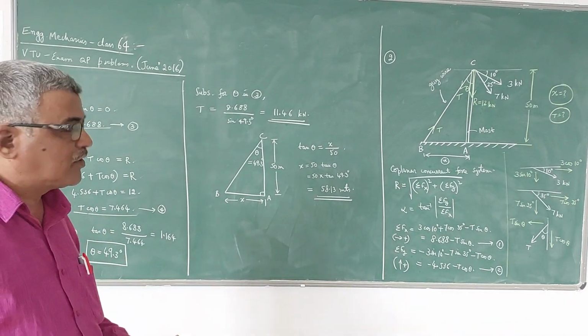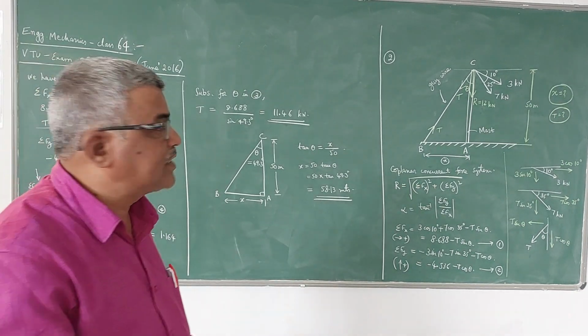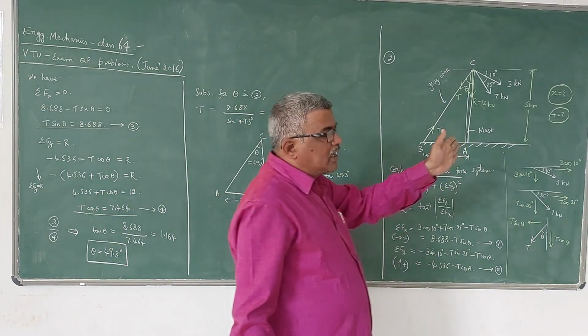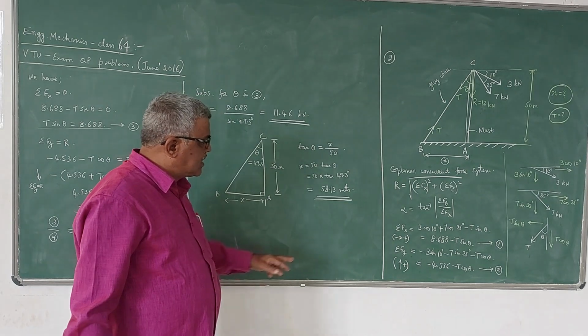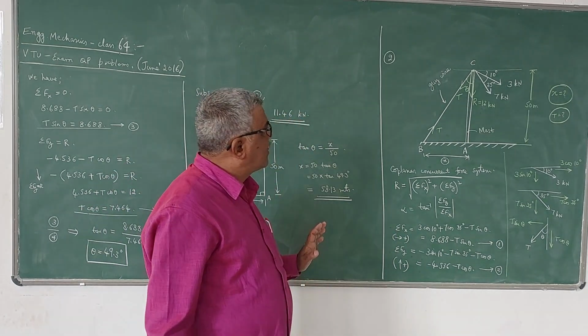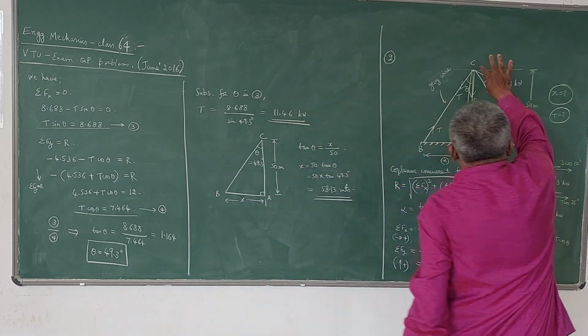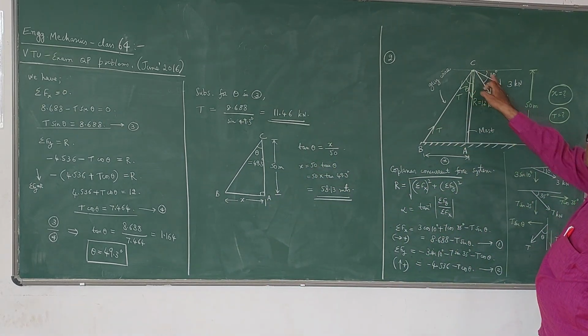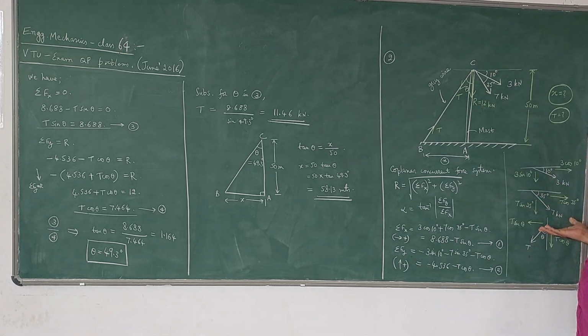So this is how we have to analyze the problem. Here the concept is a coplanar concurrent system, and the resultant is given acting vertically downwards. Therefore the condition is sigma Fy will be equal to R, sigma Fx will be 0. There are three forces acting at this joint C: tension force in the guy wire, 7 kN force and 3 kN force. We have the resultant force.